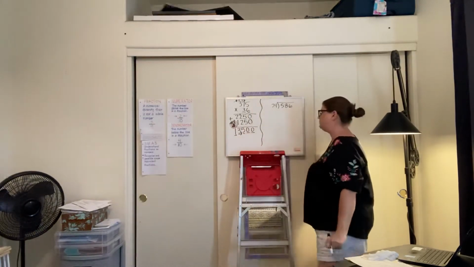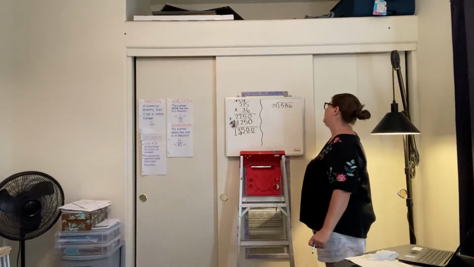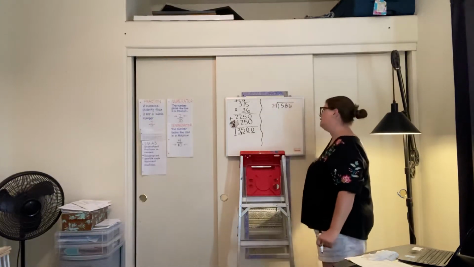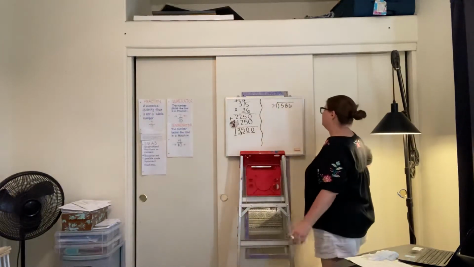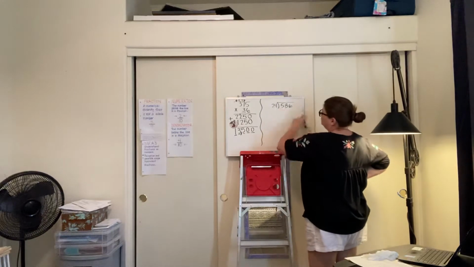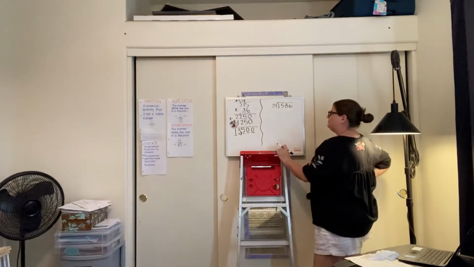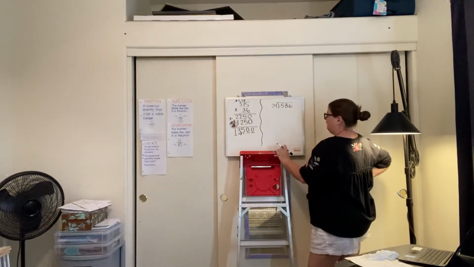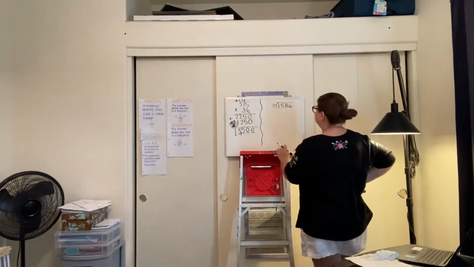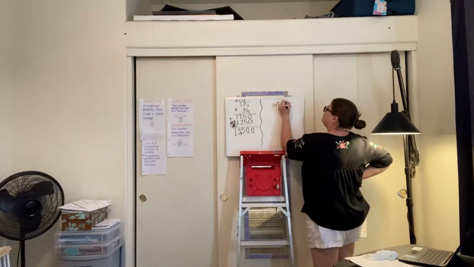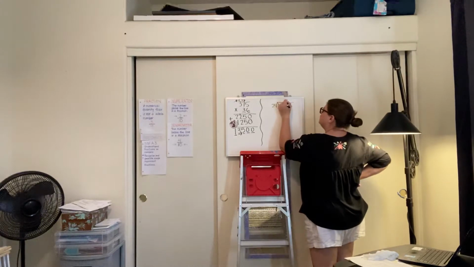Okay, so we have 24 divided by 586. How many times can 24 go into 58? Okay, 2 times. Okay, so we're going to put the 2 above the 8, and I'm going to put a little X here.